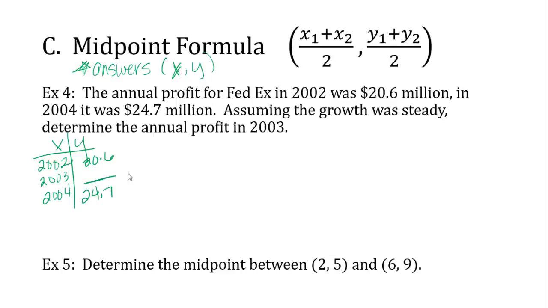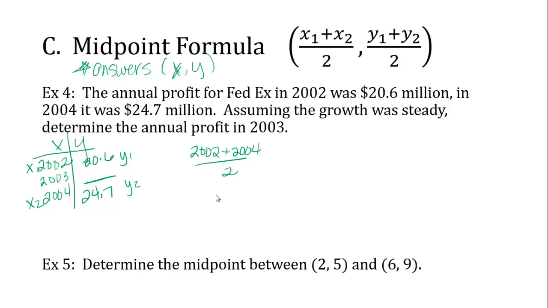So what we need to do is figure out what is that midpoint between these two profits. The midpoint between 2002 and 2004 is 2003. So to take x1, I'm going to take 2002 plus 2004 divided by 2.